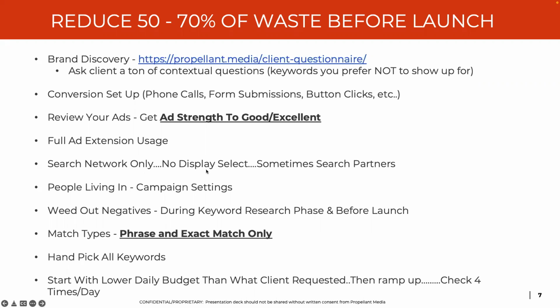But usually in my experience, even when you're using CPA and max conversions bid strategies, the search network still performs better. The quality is better, the click-through rates are better, and all that makes a difference. When you have those turned on, it's also more difficult to discern performance if a portion of your budget is going towards Display Select and search partners and not the search network.